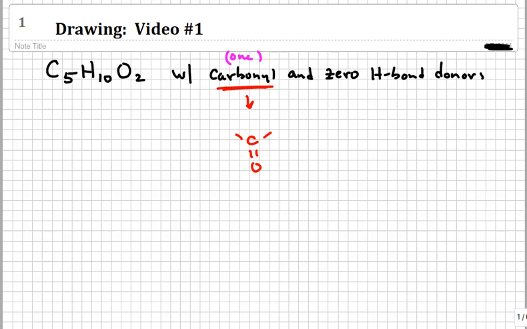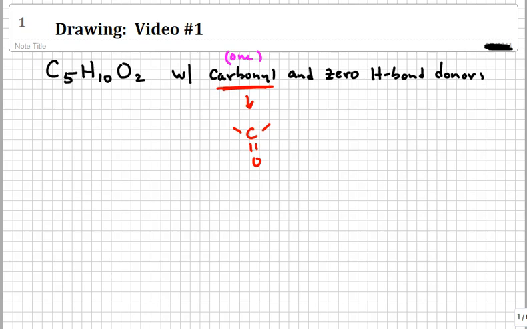So there's the carbonyl. And again, I'm going to draw this carbon a little bit better just because I want this to look good. There we go. So you've got to have 5 carbons, 10 hydrogens, 2 oxygens, 1 carbonyl, and 0 hydrogen bond donors.